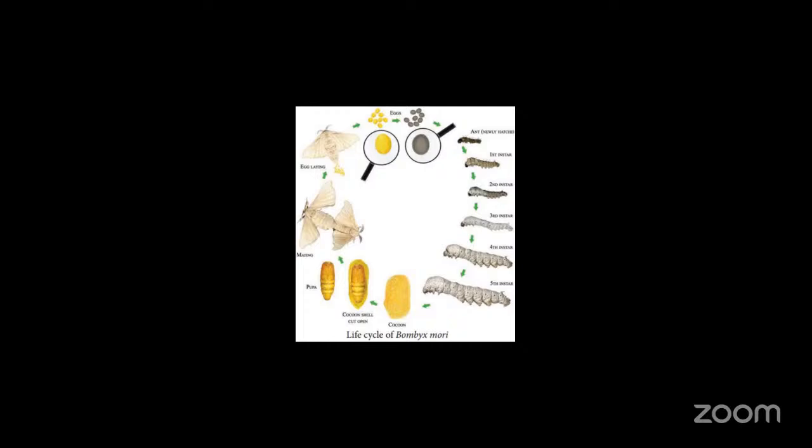The silkworm has four stages in its life cycle: egg, larva, pupa, and moth. Man interferes in this life cycle at the cocoon stage to obtain the silk.